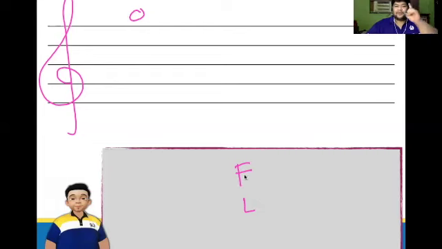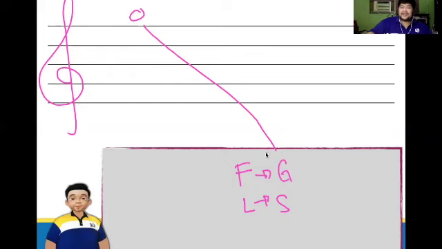It only went one step upward. So from the line F, it simply moved to the next space above it. From F, it becomes letter G. This is your letter G.